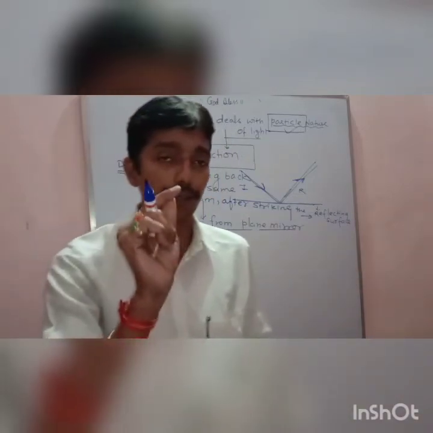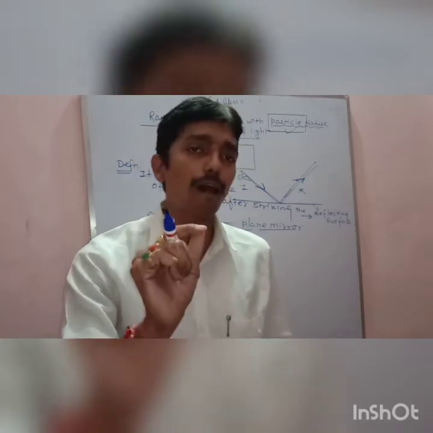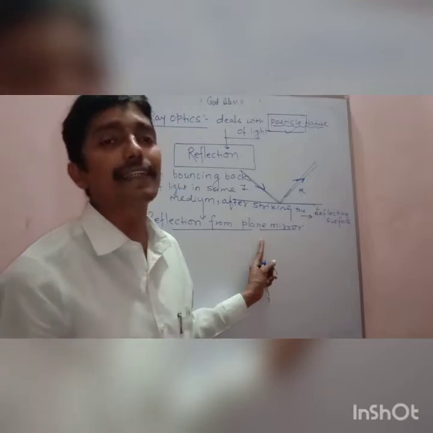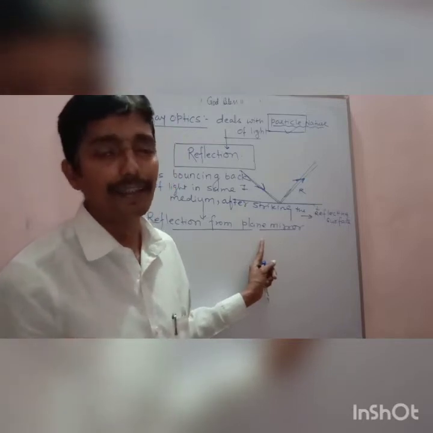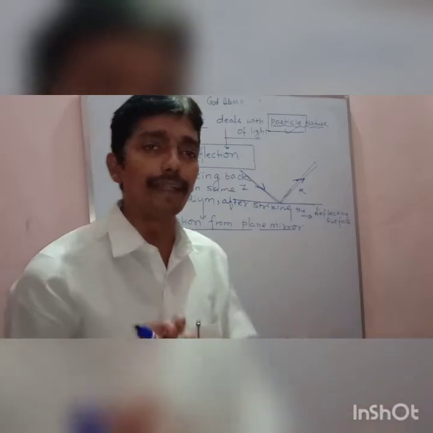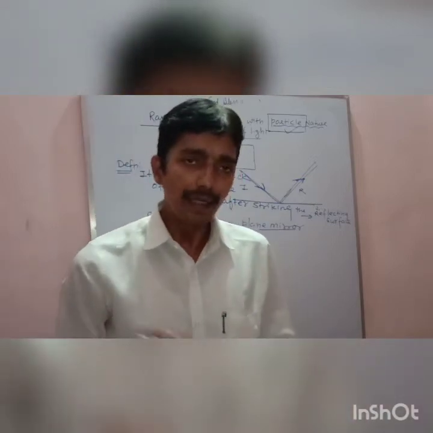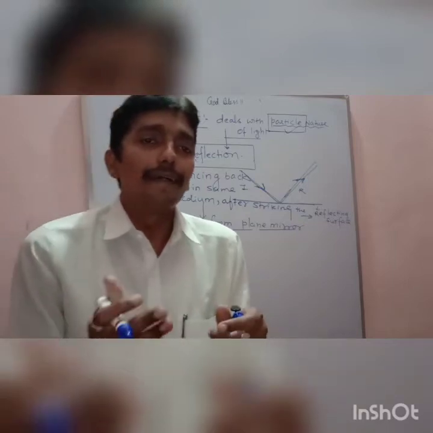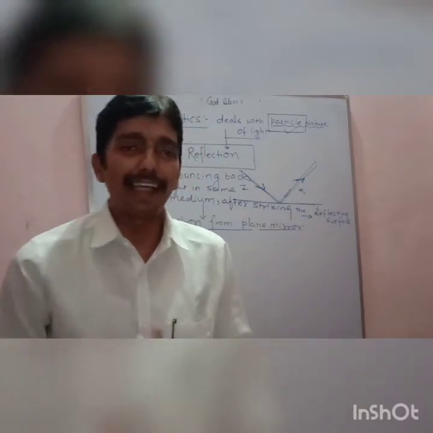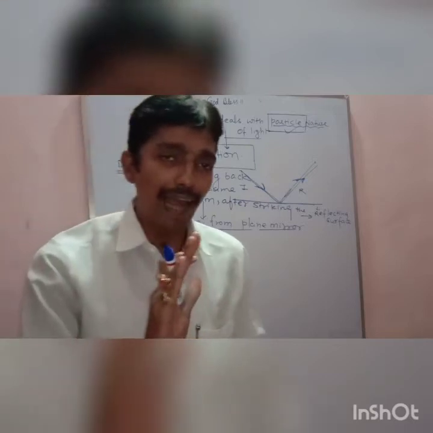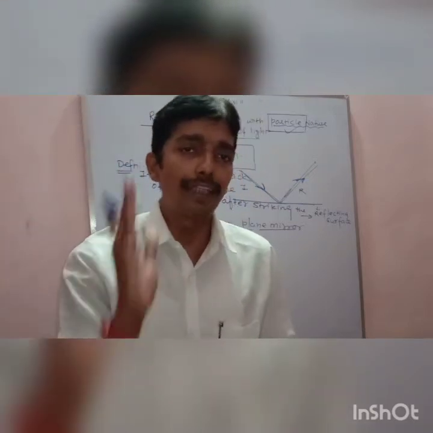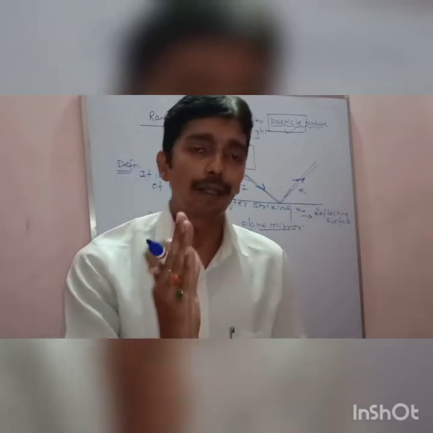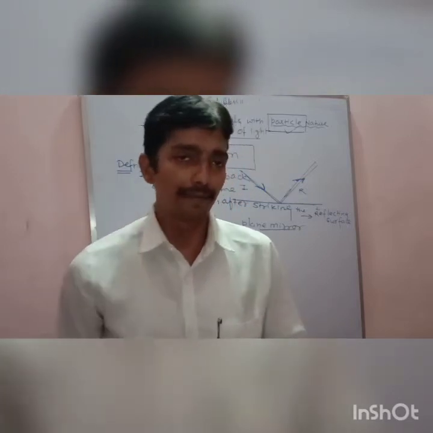One thing we should note down, that the laws of reflection, either explained by plane mirror or by spherical mirror, no problem, the laws remain the same. Laws of reflection do not change by changing the nature of the mirror, whether the mirror is plane or spherical.